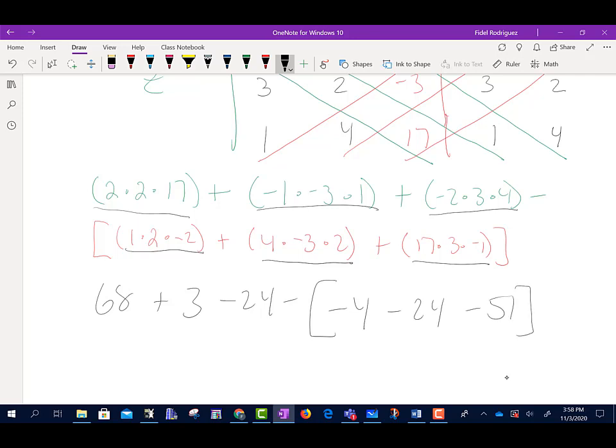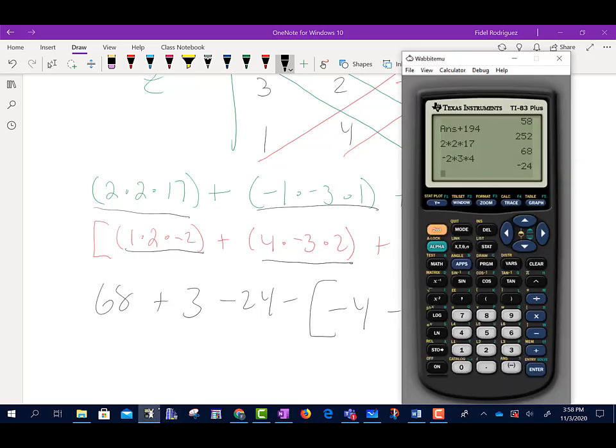Okay. So let me just take my calculator so we can do this piece here. Let me clear this out. 68 plus 3 minus 24, 47.